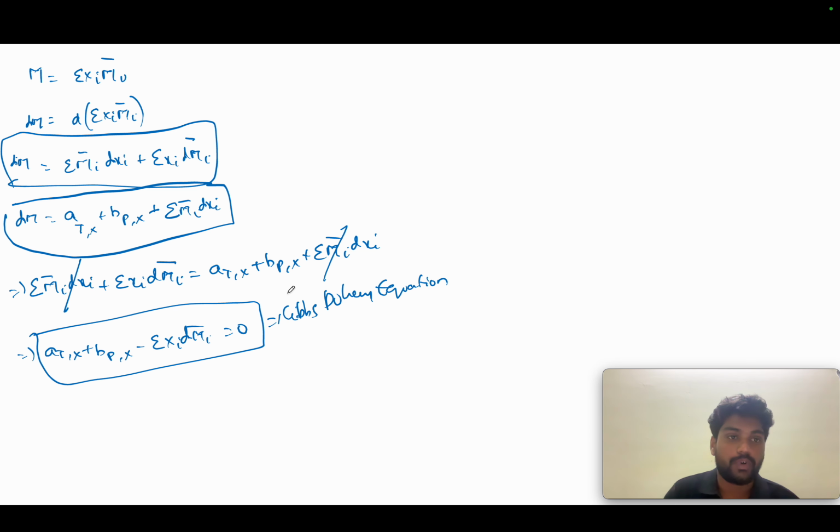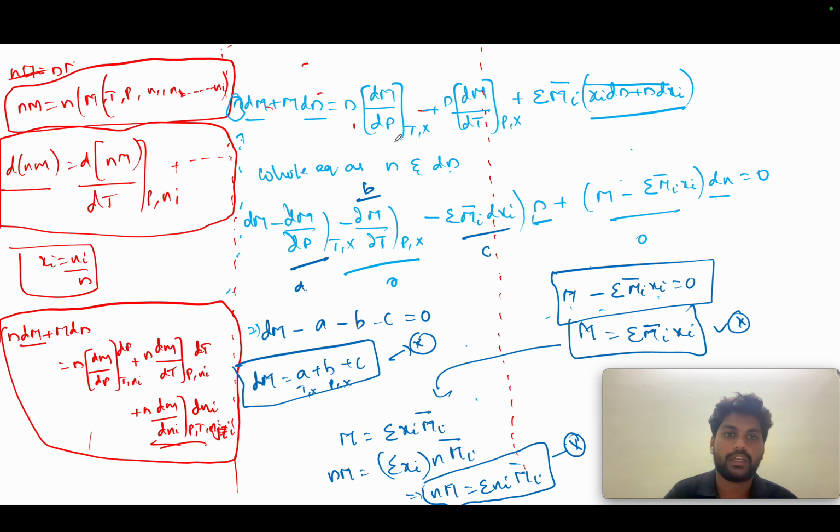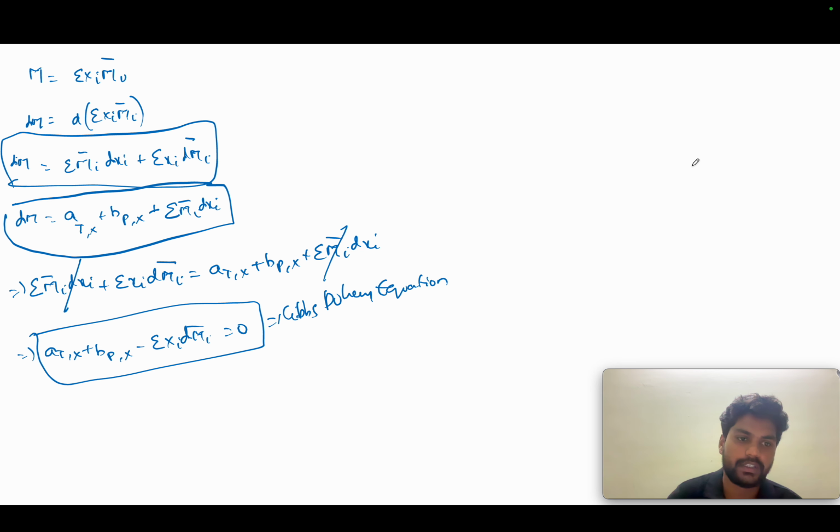So what is happening from the start? We have taken one system with different components, and the changes in the components in the homogeneous phase will occur only if they satisfy this equation. This is what we get from the basic partial molar properties. Any doubts regarding this equation up to here?